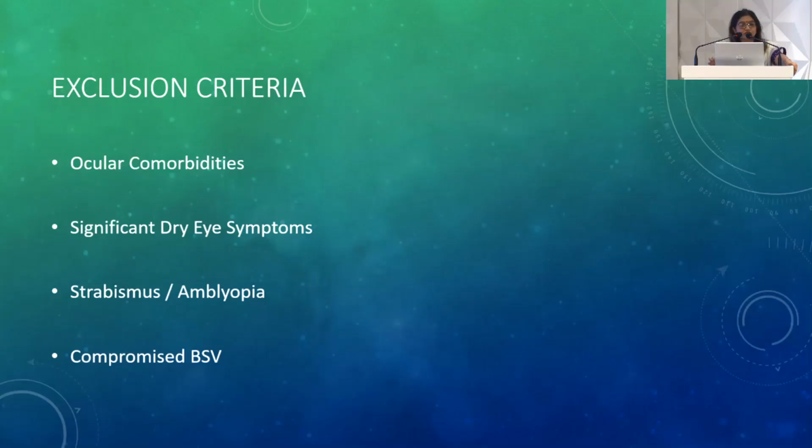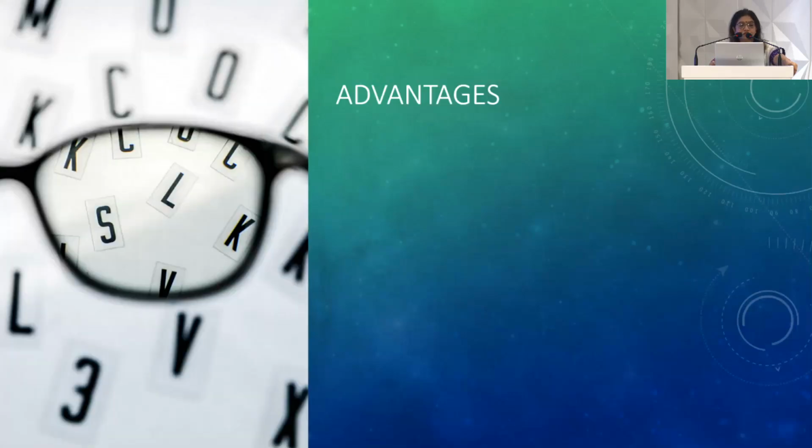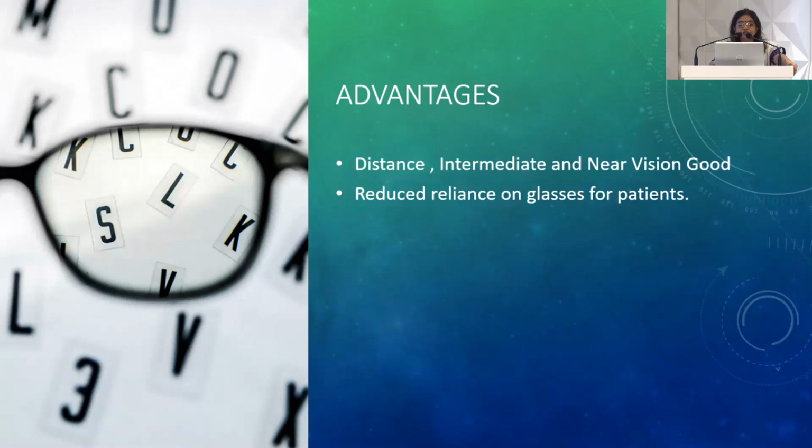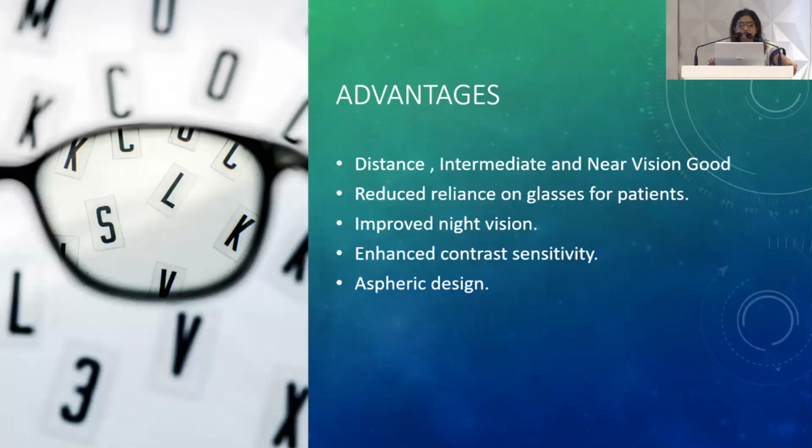The exclusion criteria for us were ocular comorbidities, significant dry eye symptoms, strabismus, amblyopia, or anything that compromised binocular single vision. The advantages are that you can give good distance, intermediate, and near vision with micro monovision, not the monovision of the past. There is reduced reliance on glasses, improved night vision, and enhanced contrast sensitivity with our good aspheric IOL designs.